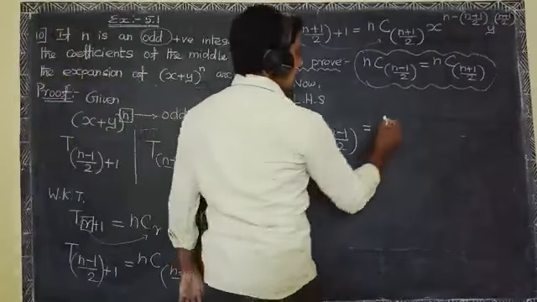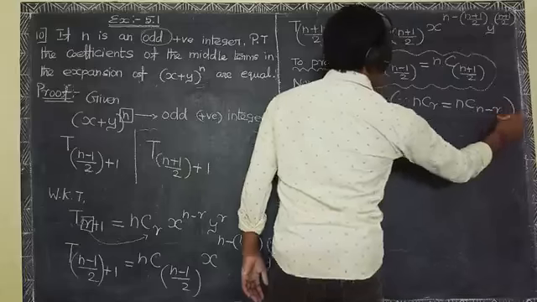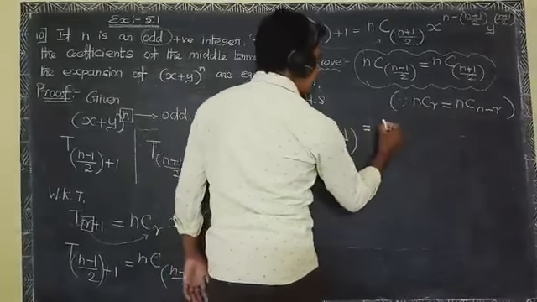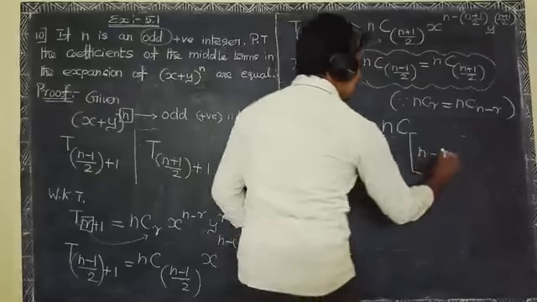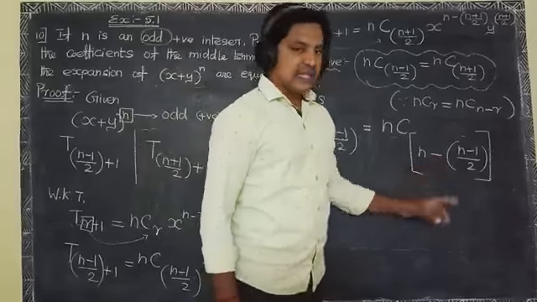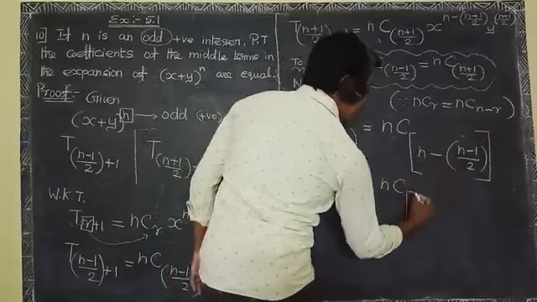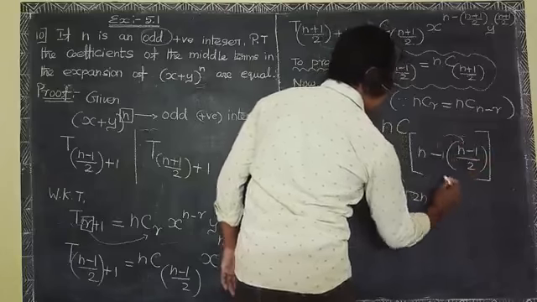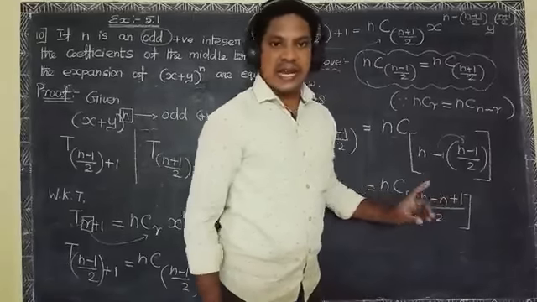Using one property, nCr is equal to nC(n-r), we apply it here. Then n - r is n - (n-1)/2. Taking the LCM, using cross multiplication, 2n - (n-1) over 2, that is 2n minus n plus 1 divided by 2, which is (n+1)/2.